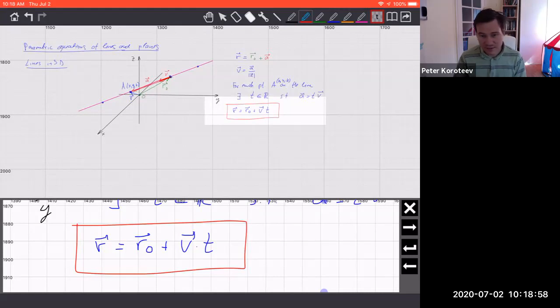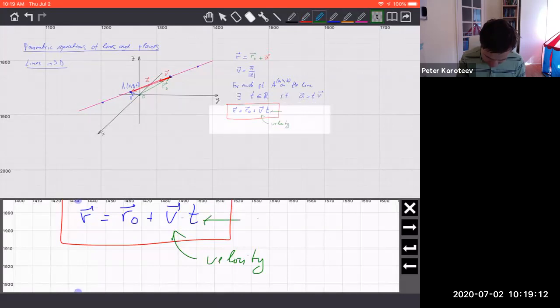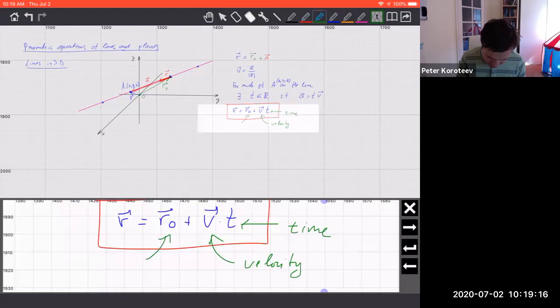Of course, you recognize it from some intro physics class, right? So here, you can interpret V as the velocity vector, T as time, and R0 is the initial position.